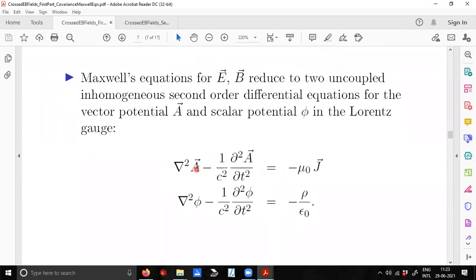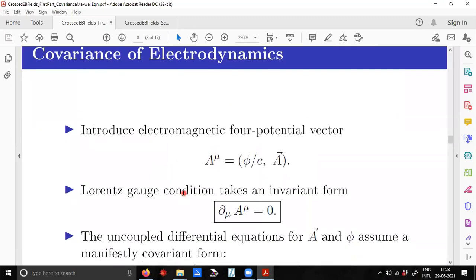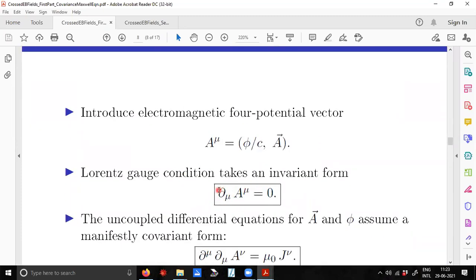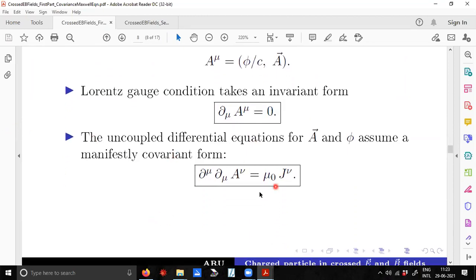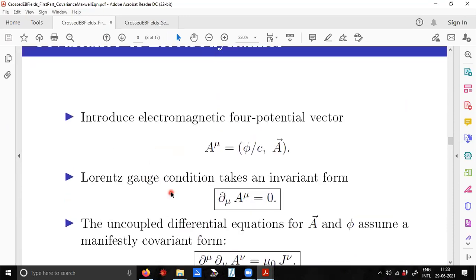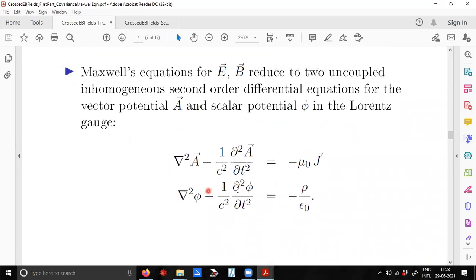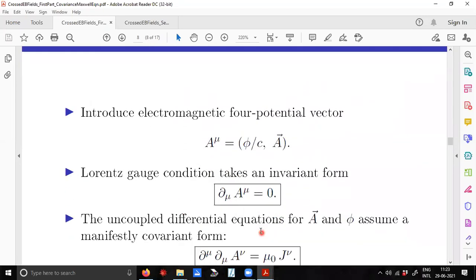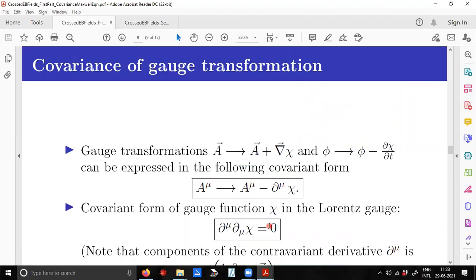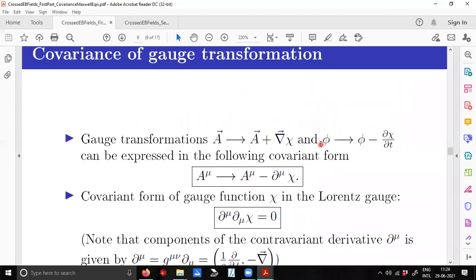Again, an exercise. You have to just substitute. I have given you all the components of dou mu. I have given you all components of A mu. You have to substitute and get experience writing Maxwell's equations in terms of vector potential A and scalar potential phi. That takes the form which is a covariant form. Now, I write another one under gauge transformations.